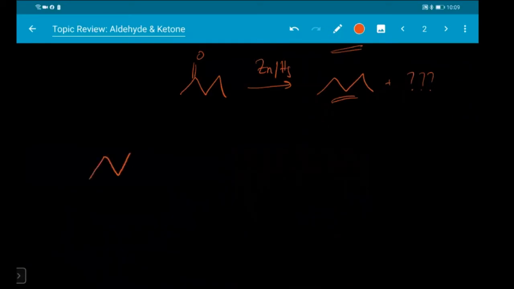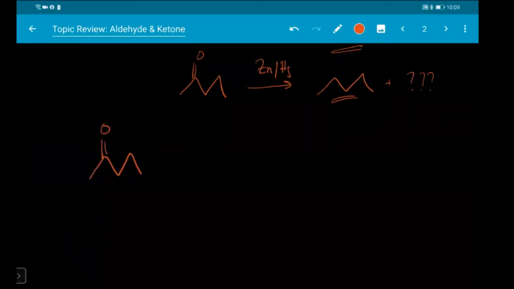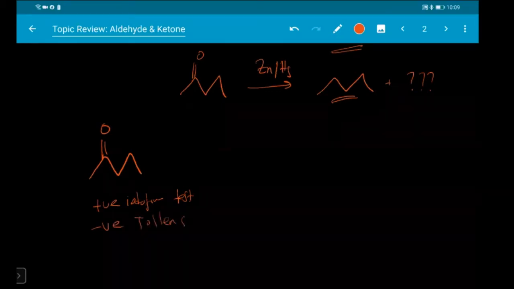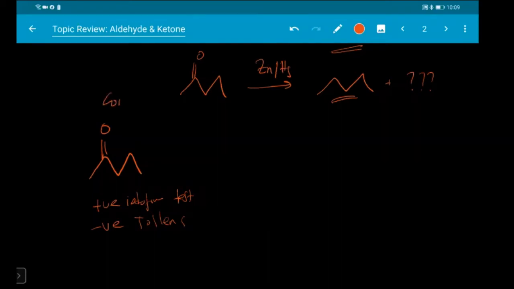First we have compound C. Okay, apa ciri compound C? Positive iodoform test dengan negative tolerance. Right, ini adalah compound C.